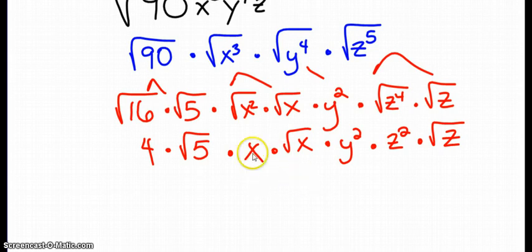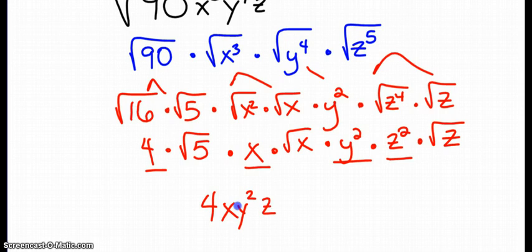So now everything that is not a radical, all those numbers, we have 4x, y squared, z squared. I'm going to simplify those and say that is 4x, y squared, z squared.